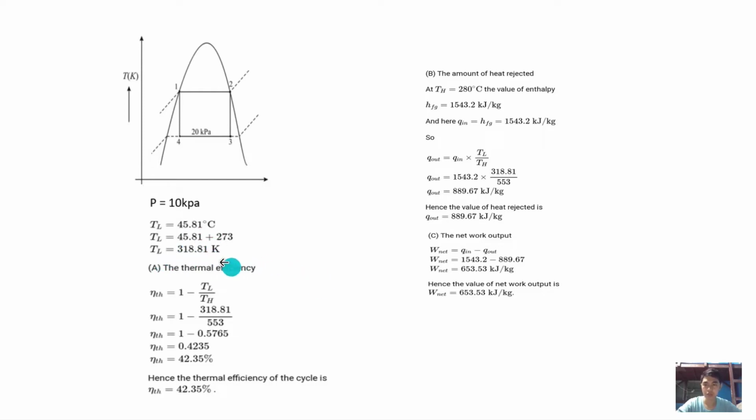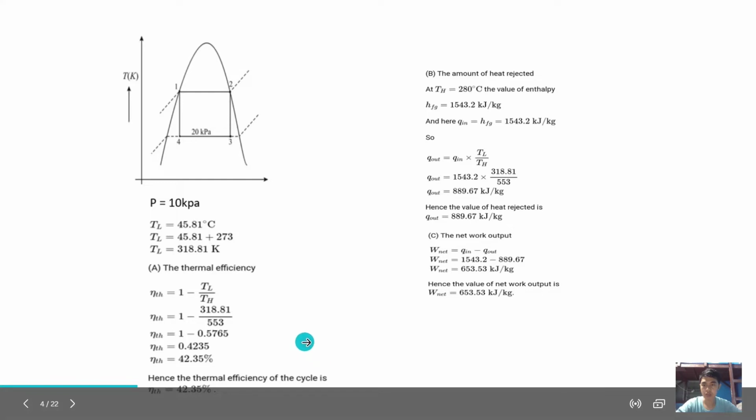To convert to Kelvin we add 273, which gives 318.81 Kelvin. So that is T-low, or T4 or T3.